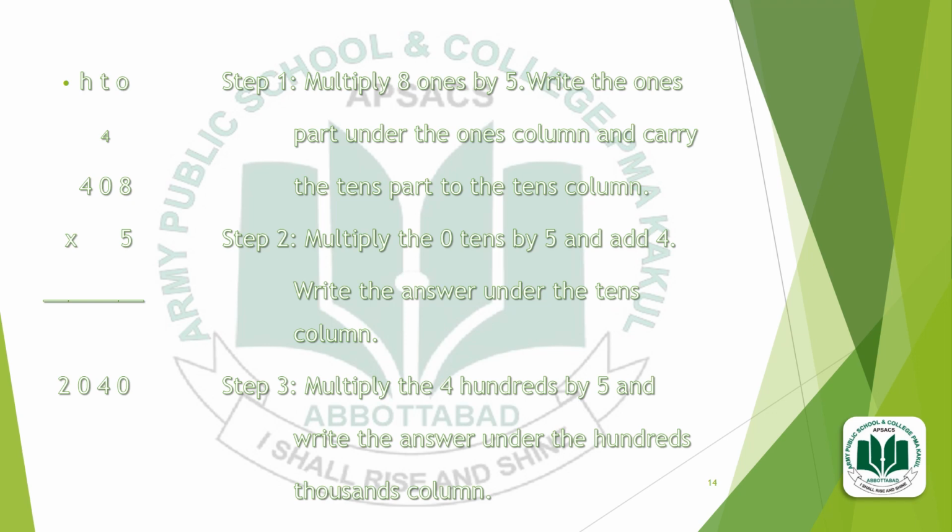Then we multiply the tens place digit 0 with 5, so it becomes 0. 0 plus 4 is 4, and then we go to the next place, which is the hundreds place. The hundreds place digit is 4, 4 5s are 20, so we write the 20 under the hundreds and thousands column.